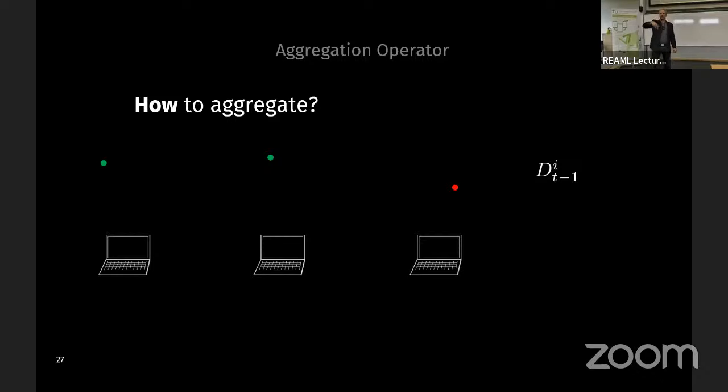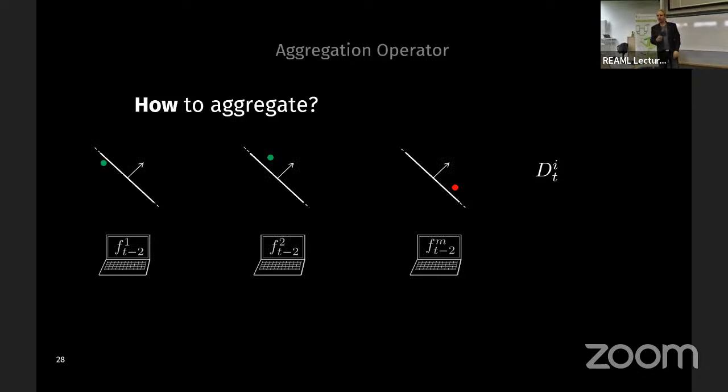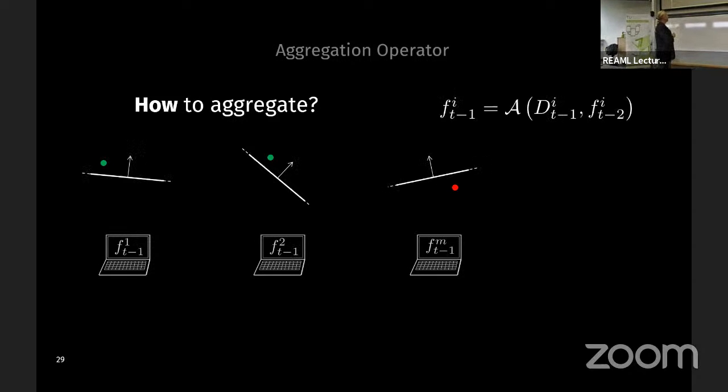Let me just give you a quick example. So here you have 2D data points, and we have linear models. A linear model here is just a vector, in this case without an intercept, so a two-dimensional vector. We do classification, so the side of the hyperplane the point lies on determines how it is classified. We have our data set, and now we do a round of training, so all models locally adapt so that they classify their points correctly.